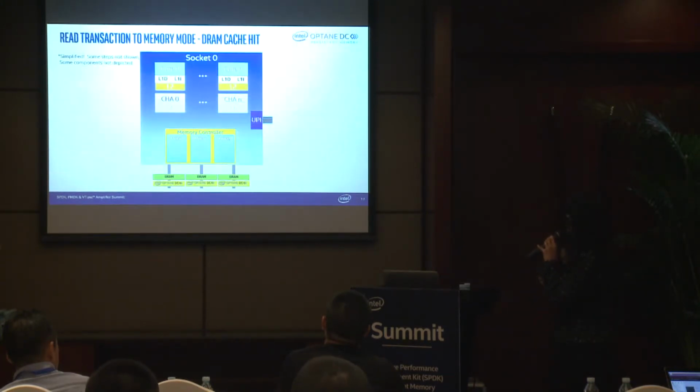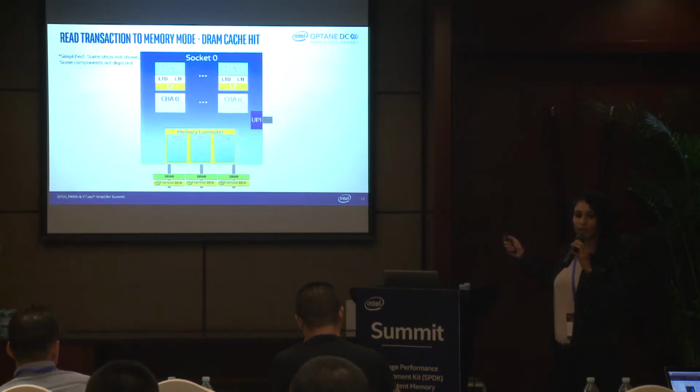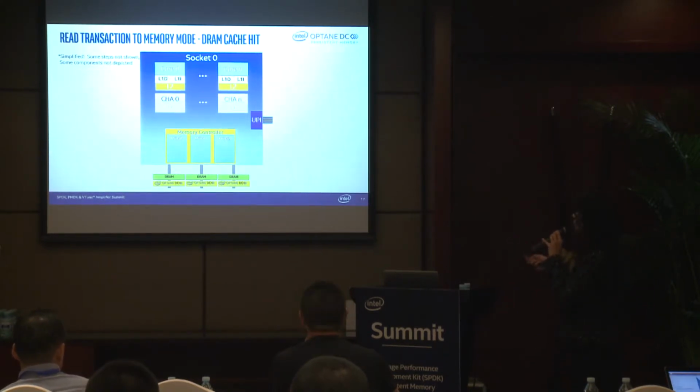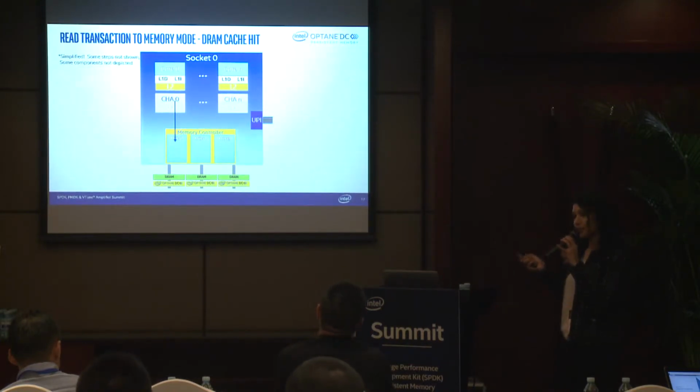So moving forward, what does a read transaction look like in memory mode when you hit in the DRAM cache? The request is sent from the core to the L1 cache, misses in the L2 cache, and the request is sent to the CHA, which checks the L3 and snoop filters. At this point it sends it to the memory controller. The first thing the memory controller does is send the request to the DRAM cache to fetch the requested line.